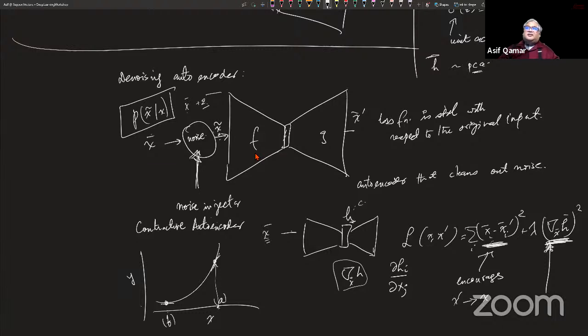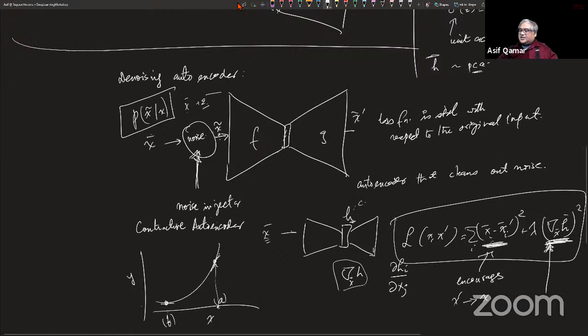Now that looks paradoxical. If it is not sensitive to the input, how in the world would you have this x prime close to x, right? And so that creates two competing forces. One part in this loss function says output must catch up to x. But for it to do that, obviously, it will try to make the h, the hidden representation, quite sensitive to input.